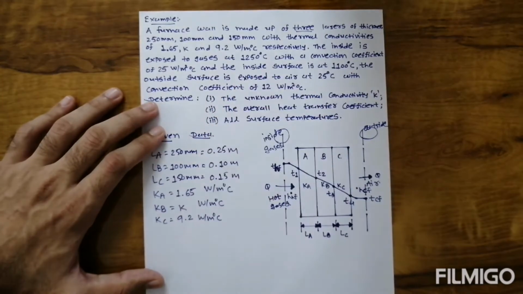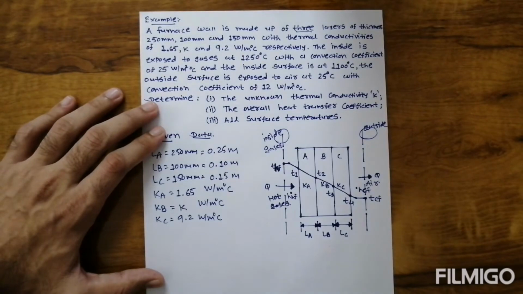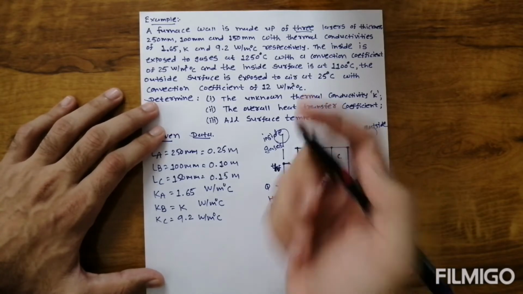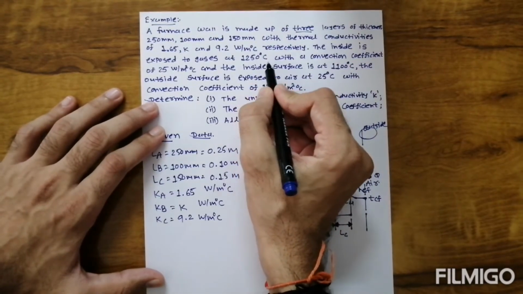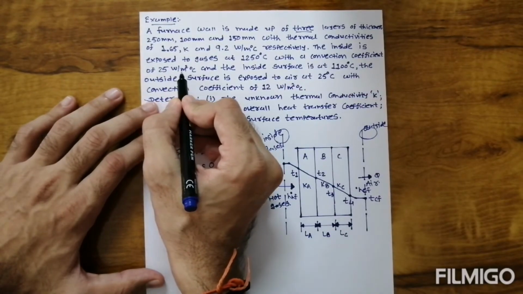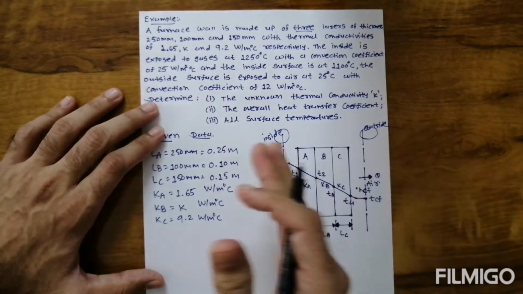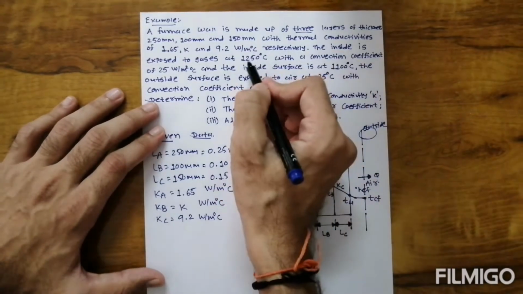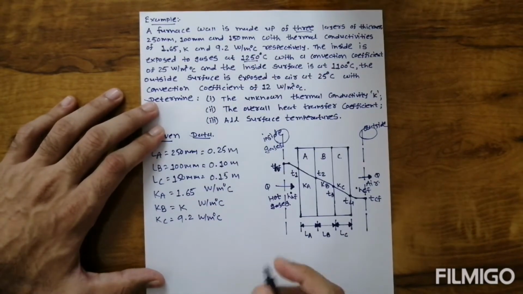But first, which condition do we have to consider here? Here the convective heat transfer coefficient is given, or not? You can see 1250 degrees Celsius with a convection coefficient of 25 watt per meter square degree Celsius. The inside convective coefficient is given as well as the inside fluid temperature. It means convection is present in this example.